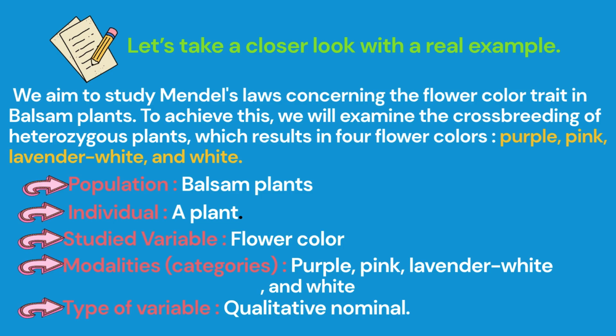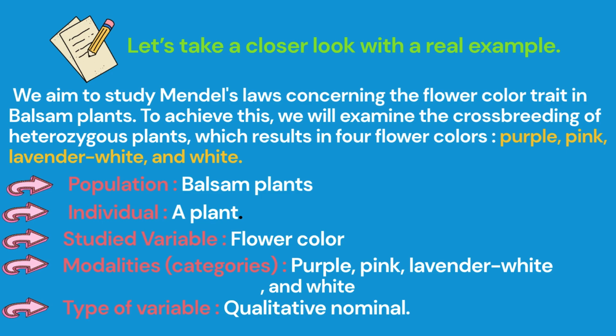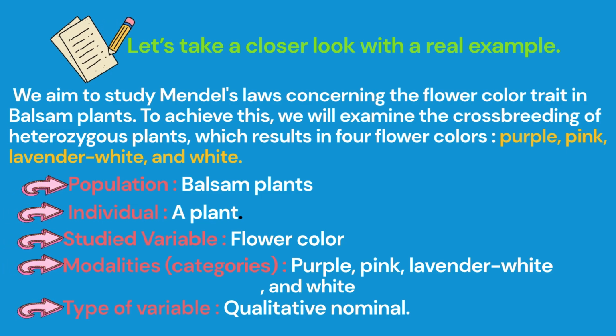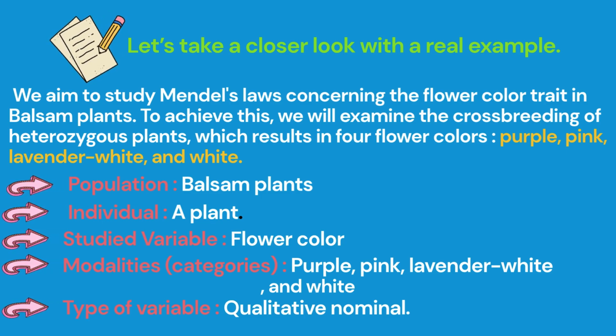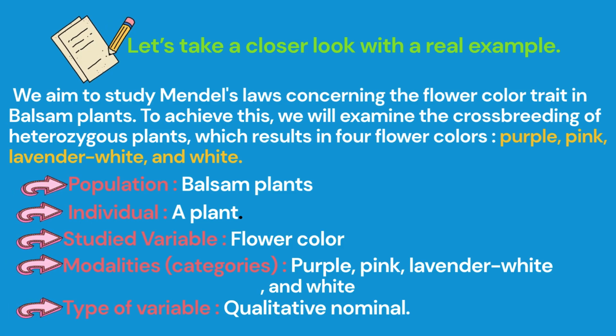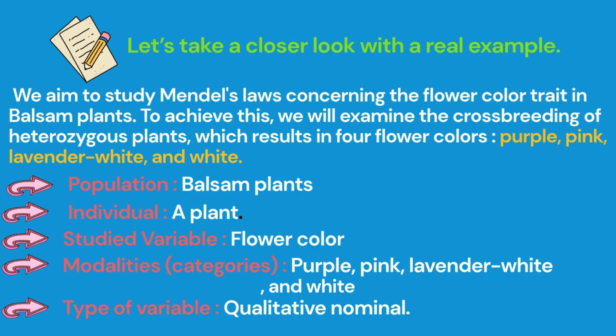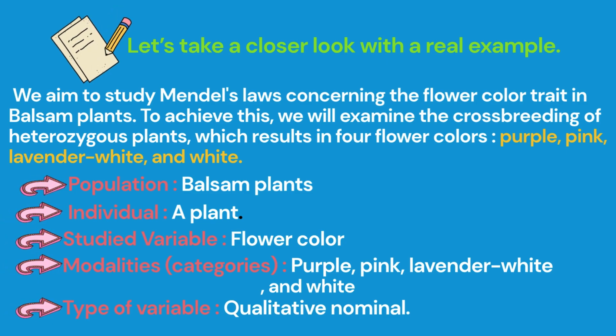It focuses on a group of balsam plants. So that's our population, the balsam plants we are observing. Then we ask, what are we trying to study about these plants? In this case, we are interested in the color of their flowers. That's the statistical variable. It's the characteristic we are observing.